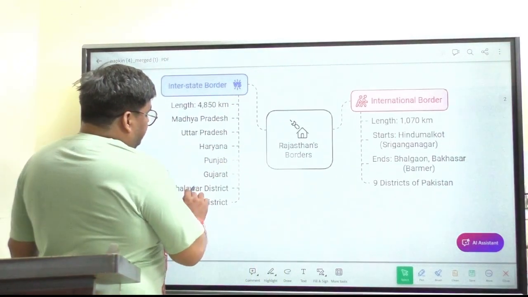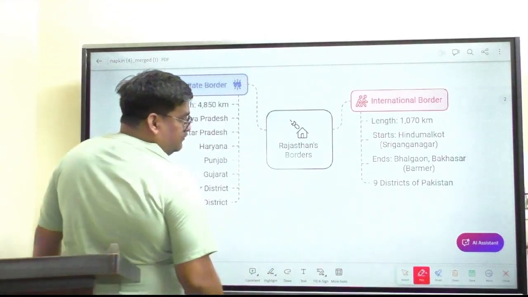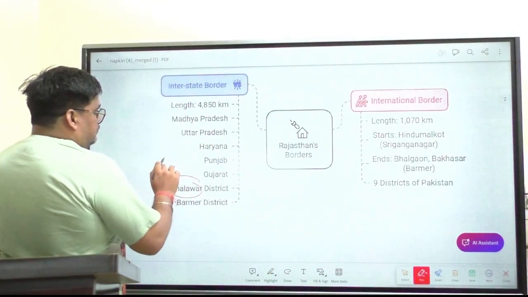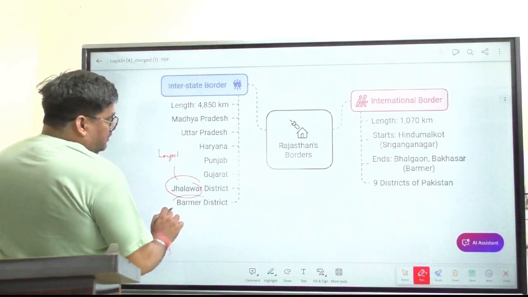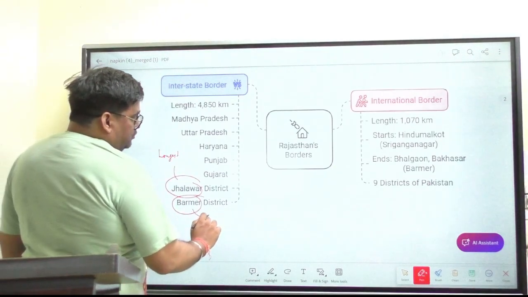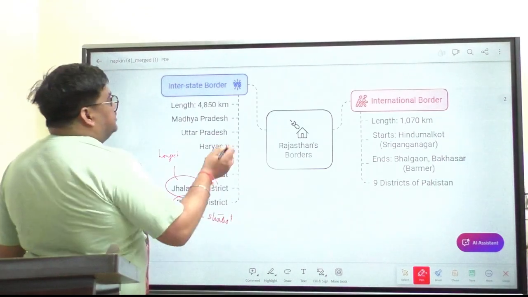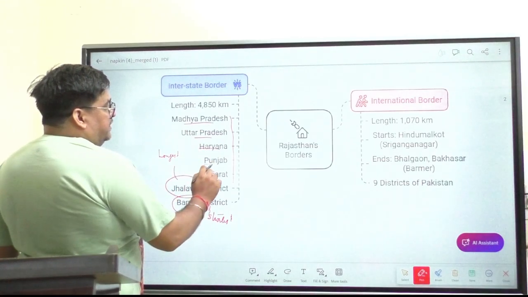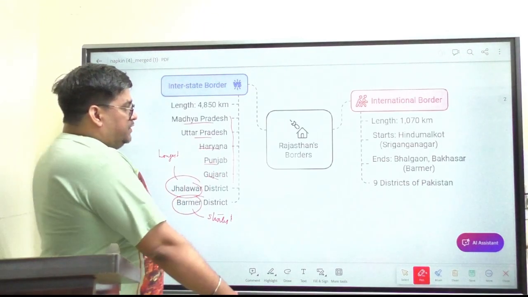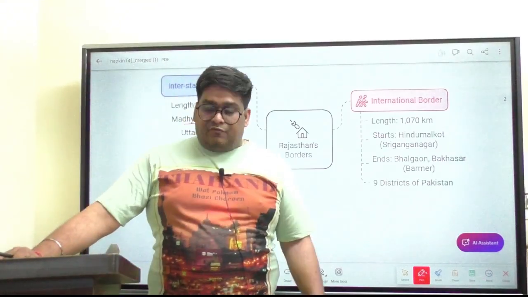The Jhalawar, which is longest, the Badmer, which is shortest. It touches the 5 states Madhya Pradesh, Uttar Pradesh, Haryana, Punjab and Gujarat.